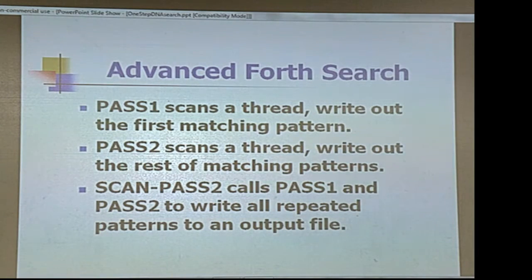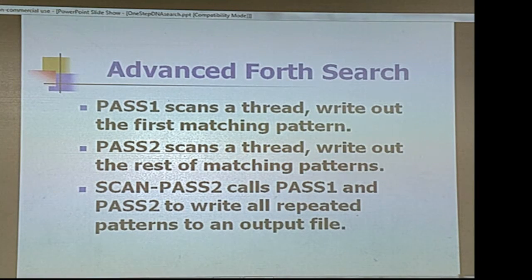And pass 2 scans the thread and writes out the rest of the patterns. So these are almost identical and can be combined into one code, but I tried many things and nothing worked out. So I just repeated the code, just commented out the stop. Okay. And then scan pass would just call pass 1 and pass 2 to write out all the matching patterns.